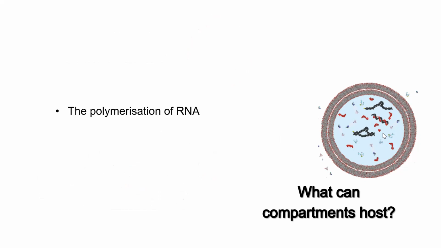describes the possibility of having RNA polymerization, so the formation of nucleic acids starting from single monomers, occurring inside membranes, lipid membranes. There's been a bit of research also into polymerization occurring inside coacervates, not as much as within liposomes, but this is definitely the first thing that people look at because of the relevance of RNA in terms of genetic polymer.